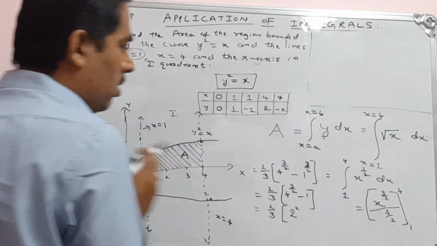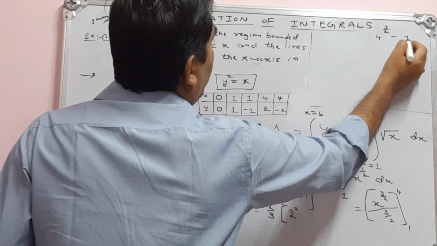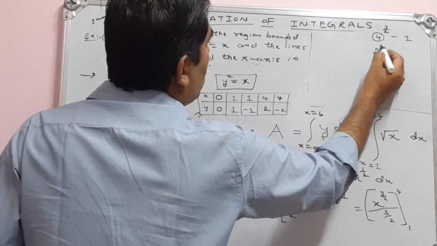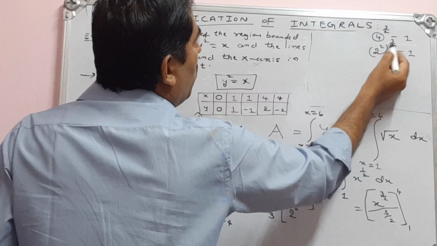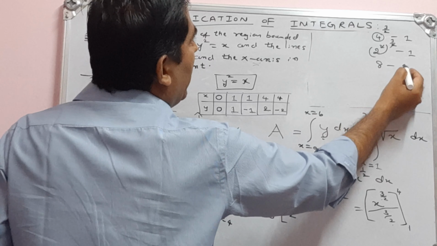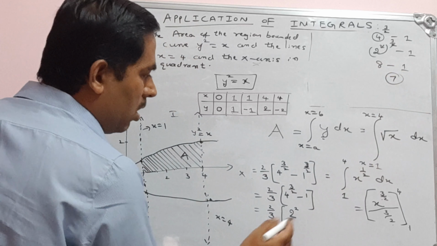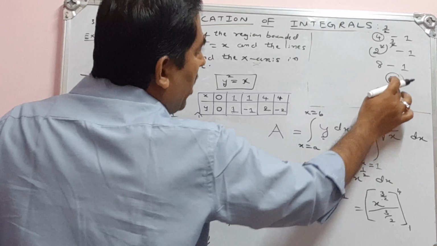See this step here. 4 to the power of 3 by 2 minus 1. This 4 I can write as 2 square whole to the power of 3 by 2 minus 1. Then you multiply the powers, 2 gets cancelled. 2 cube means what? 8. 8 minus 1, that will be what? 7. So 4 to the power of 3 by 2 minus 1, if I simplify that, I will get 7.